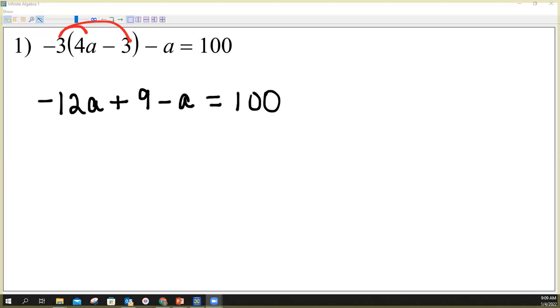Your second step is to combine your like terms. So these two are your like terms, which would give you -13a plus 9 equals 100.